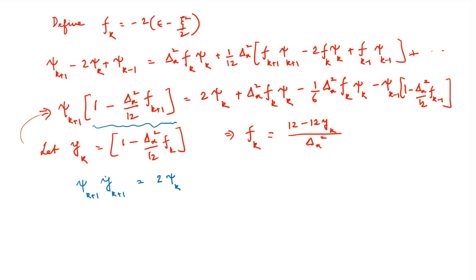So, now here what I will do is I will club these psi k terms together, including this one here, and I will put in the value of f k.